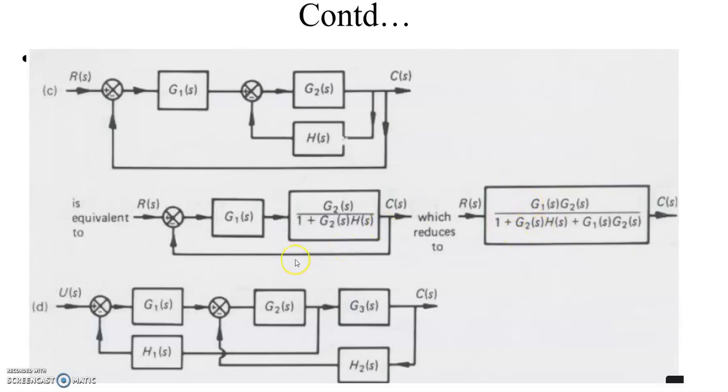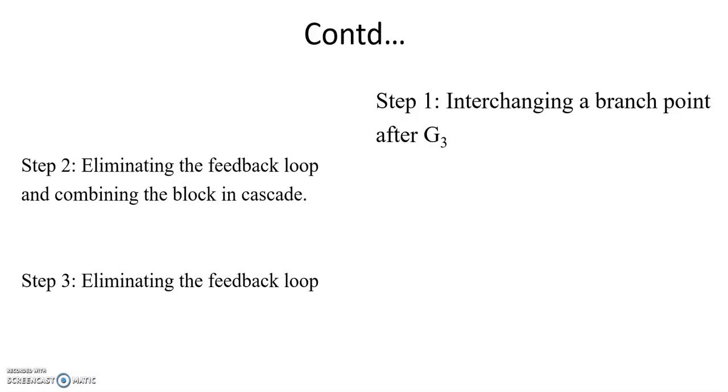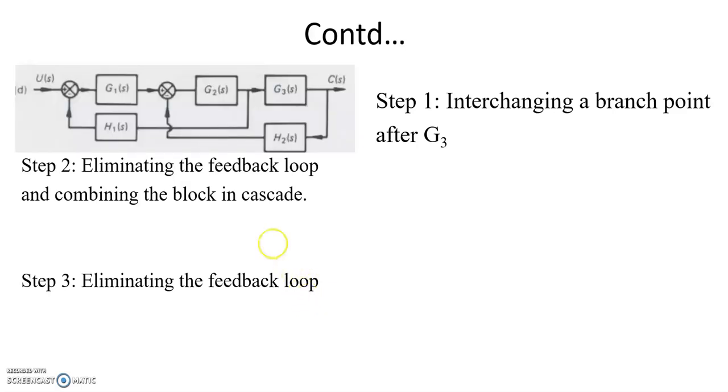Next, the fourth problem. Here, the first step is interchanging the blocks. I am interchanging the branch point after G3. In this first step, I am shifting the branch point here. Shifting the branch point after G3 means you put 1 by G3.